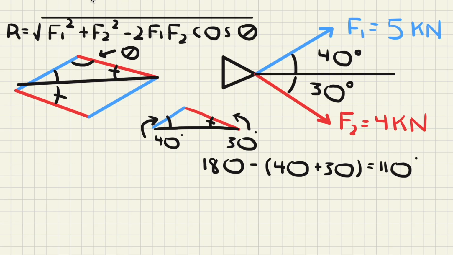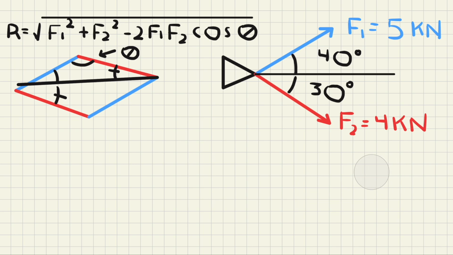So now that we have our theta, we can go ahead and plug all of the values into the R equation so that we can find the magnitude of the resultant force. So let's go ahead and do that. Our F1 is 5 squared.